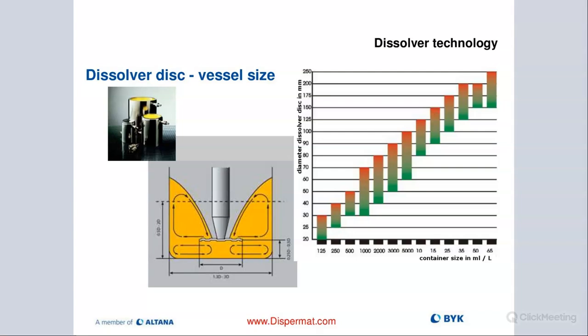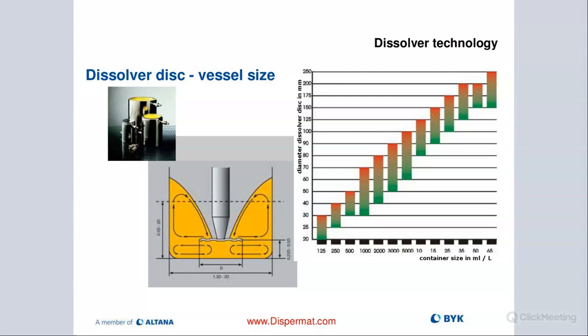So you really want to make sure that you have at least 40%, but 50% is your sweet spot. The blade diameter should be about 1/3 of the diameter of your container or vessel, and that is the ideal ratio. If you take a look at the table on the right side, it shows you the different container sizes on the bottom, going from 125 milliliters all the way up to 65 liters.